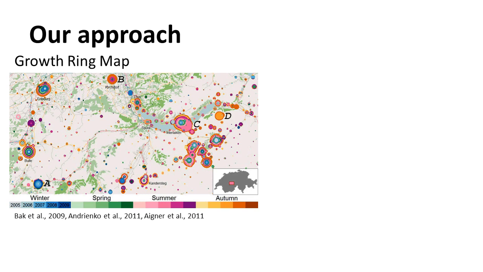The first is inspired from the growth ring map methods, which propose to combine in a 2D map the use of color to represent time and the use of a specifically designed glyph in order to represent the temporal distribution of spatially aggregated event data.